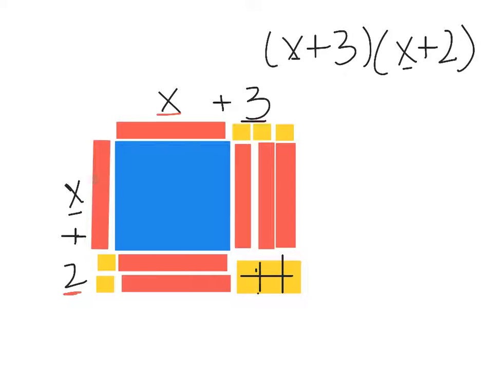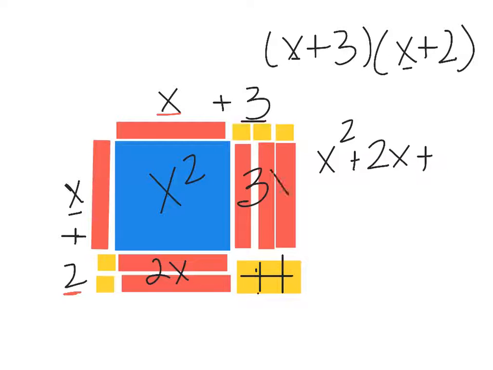So you can see from our problem that we have x squared, which was our first. Then we have the outside, which is x times 2. So we have 2x down here. The inside, which is the 3 and the x, 3x.